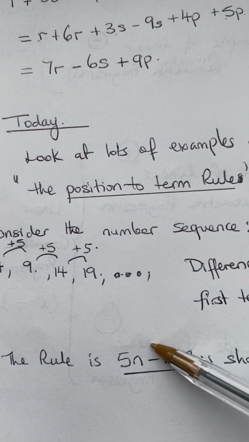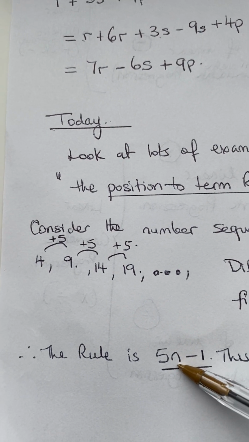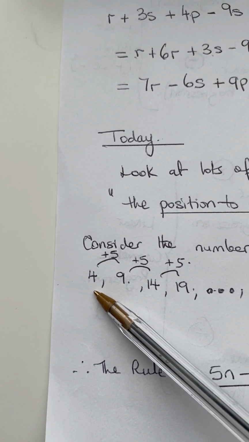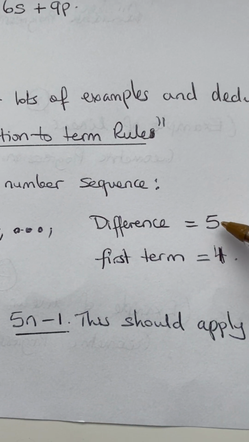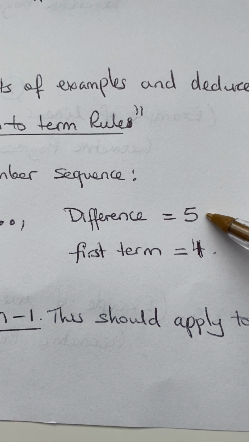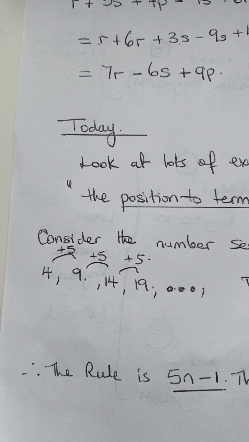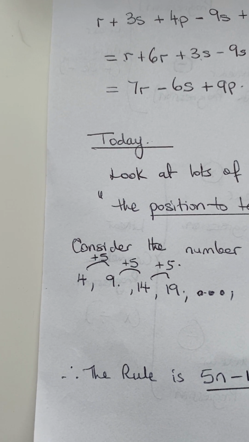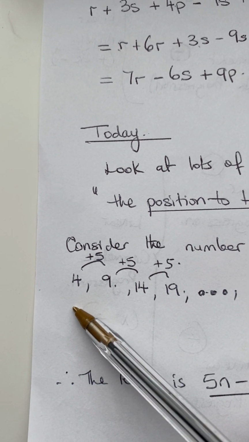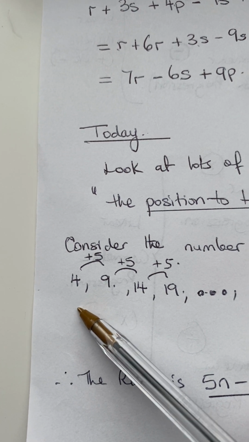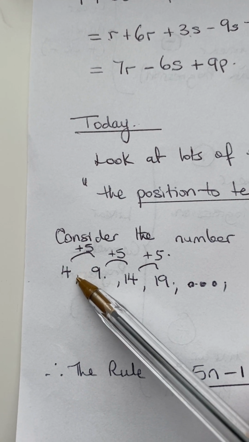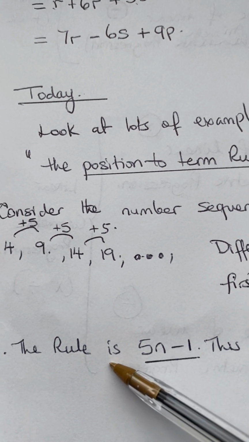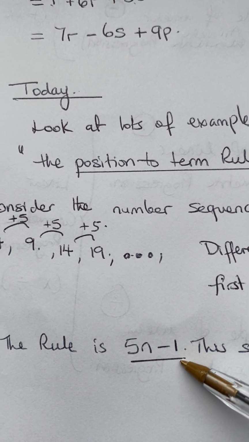Now I've given you the rule straight away, but if n is 1, then straight away we have 5n, because there's a difference of 5. So if n is 1, we have 5 here. What do we do to 5 to get a 4? We take away 1. So that will be our position to term rule.